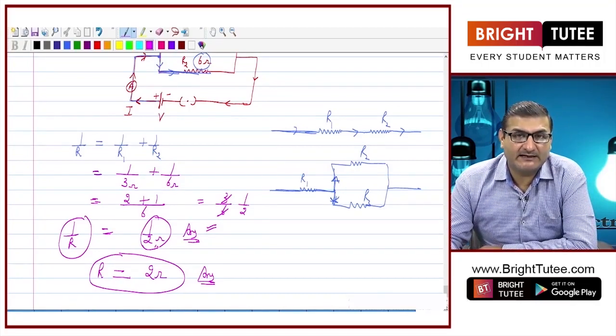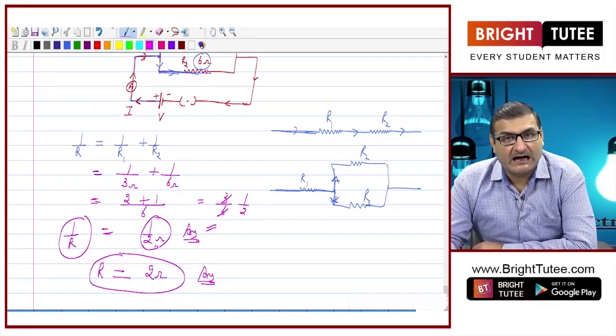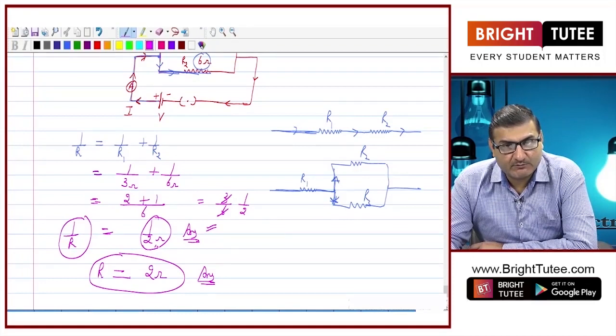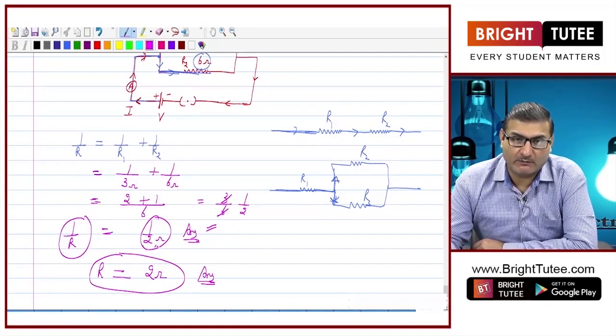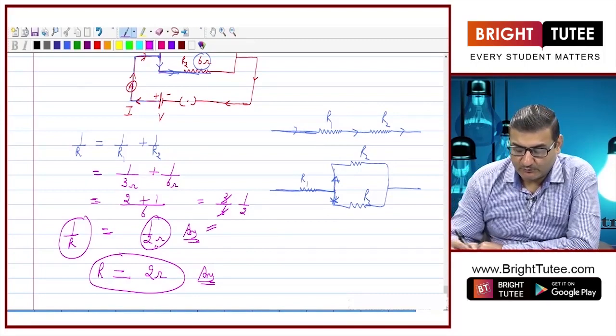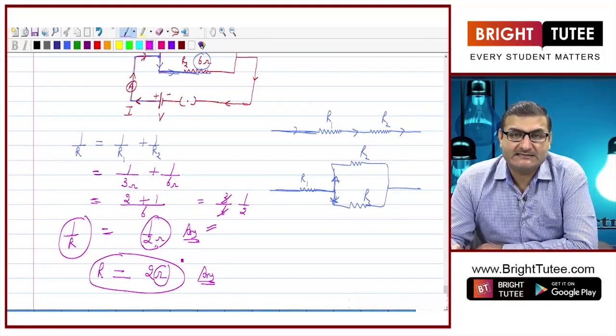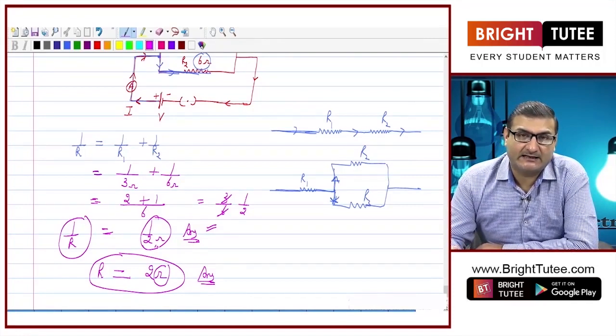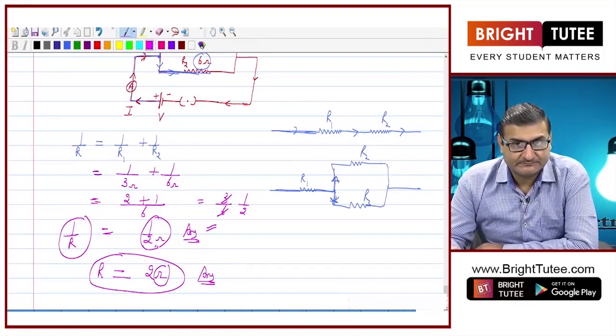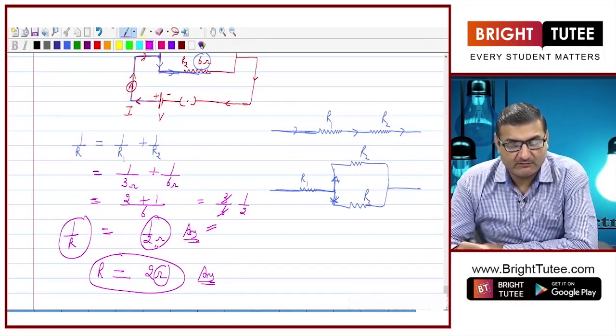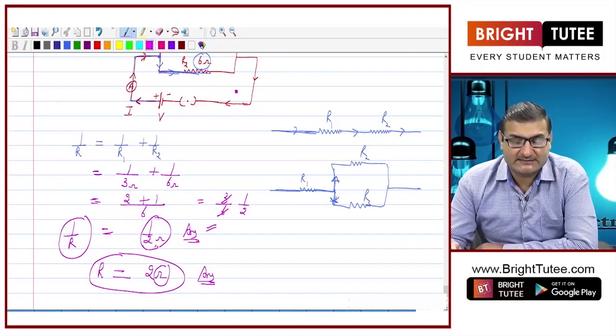You have been calculating 1 upon R till now, but we are supposed to calculate R. So, taking the reciprocal at the end is very, very important. Number 1. Number 2, you have to always state the SI units at the end. So, this is how we calculate the total resistance.